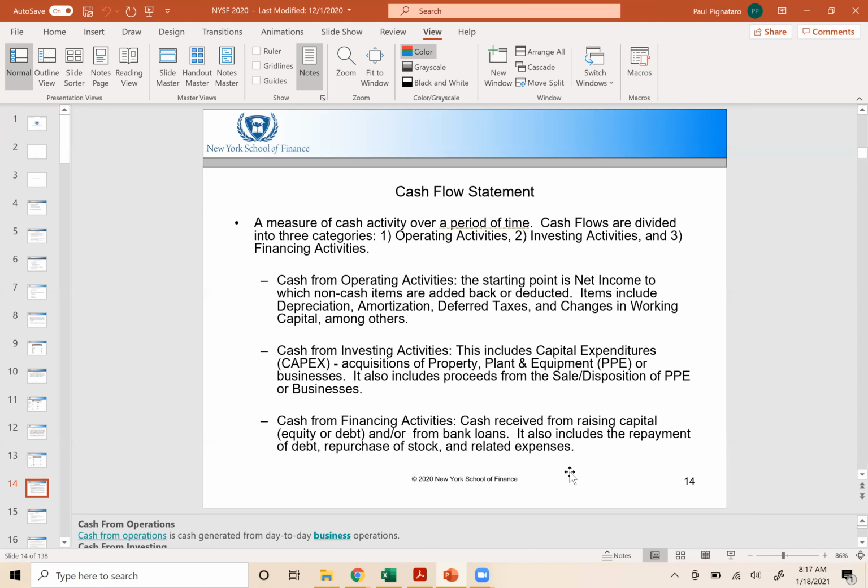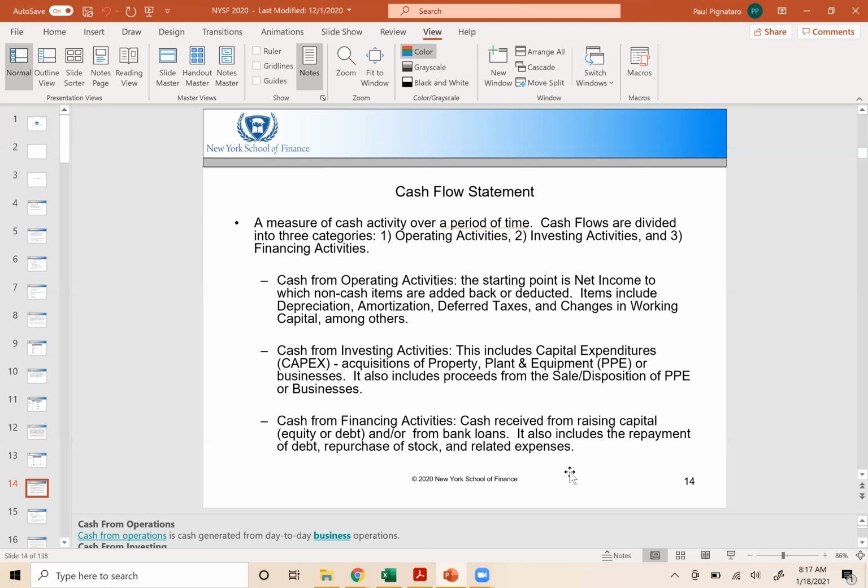Further, cash can be received or drawn from two other categories. Cash from investing activities, investments that are made. Most commonly, capital expenditures, right? This is money set aside for the future maintenance or improvement of the property and equipment that you have. CapEx is money spent separate from operations.